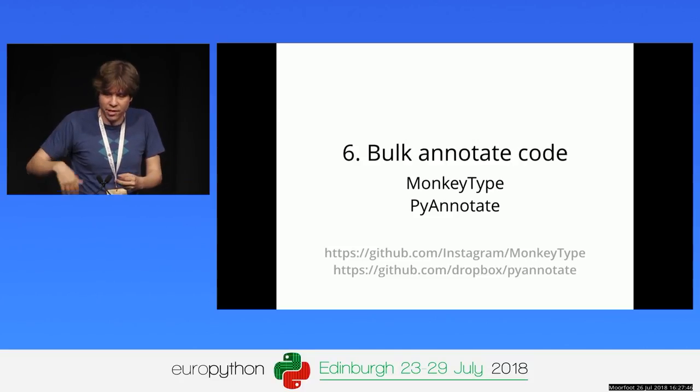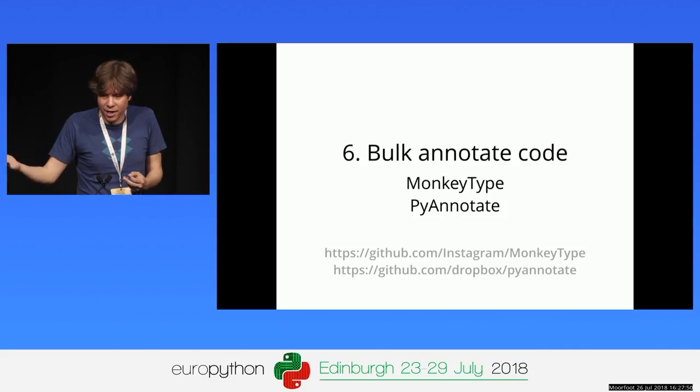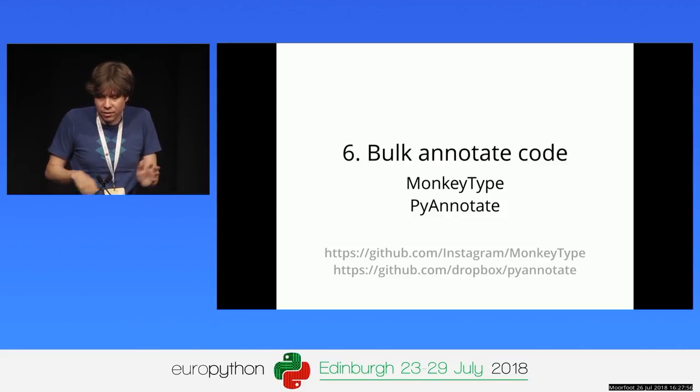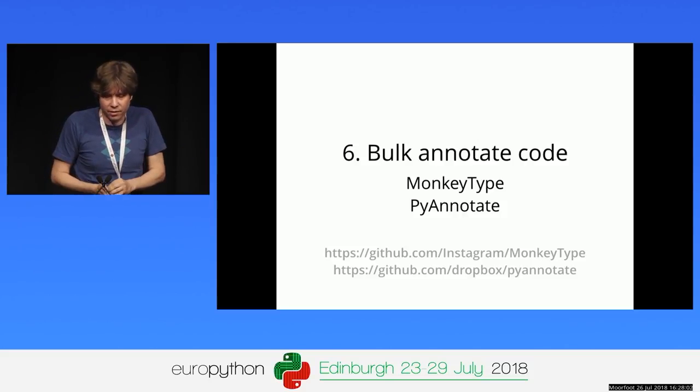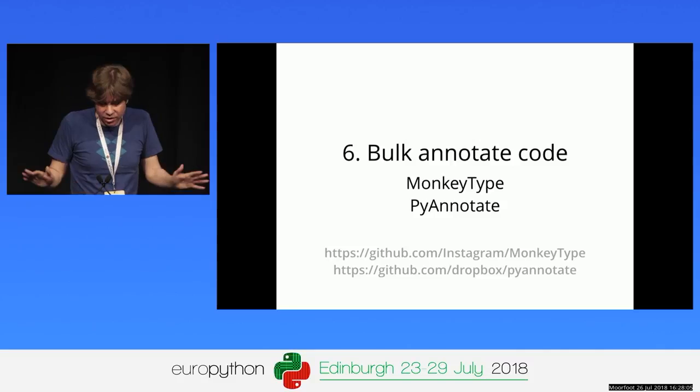For example, you can run tests, they collect the actual runtime types, and then they generate draft annotations for your code. They aren't 100% correct, but you can often just slightly tweak them manually. Then you can get a lot of code annotated without too much effort. But again, you need to give it a try. They may work, but sometimes they have some rough edges.